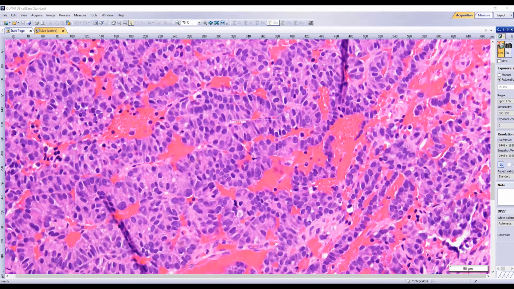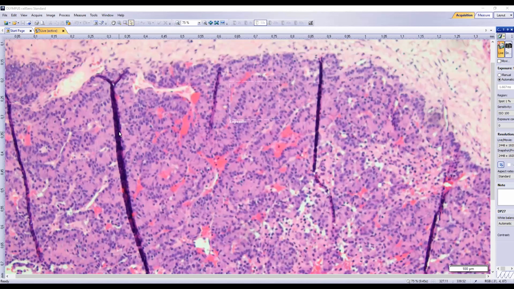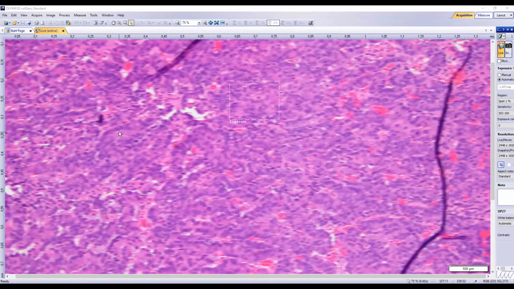What tumor does this make you think of? In some areas, it's pretty monotonous looking. In others, there are some prominent nucleoli, but overall, it looks more low-grade-ish. See the trabeculae formation?